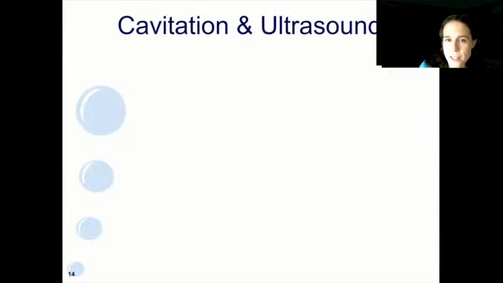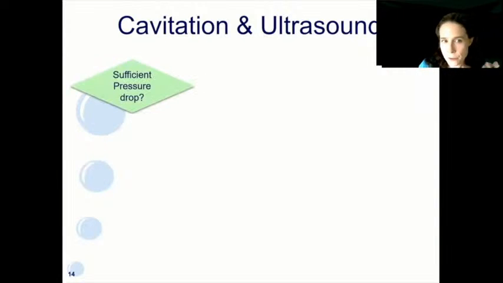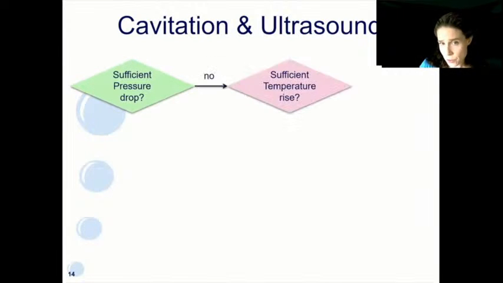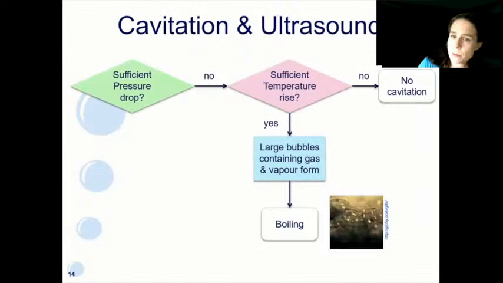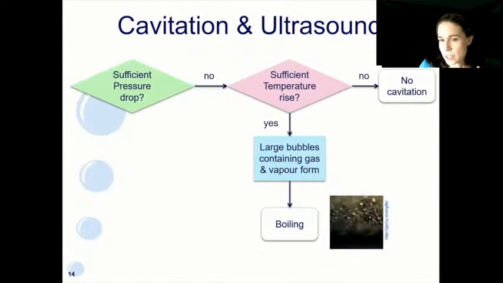And we can think of this in terms of a flowchart. So first of all, does the ultrasound provide a sufficient pressure drop for bubbles to form? If not, is sufficient energy being deposited for there to be a temperature rise? If not, then there won't be any bubbles formed. If the pressure drop is not sufficient, but we do get enough heating, then we'll tend to get large bubbles containing both gas and vapor forming, i.e. we'll get boiling.